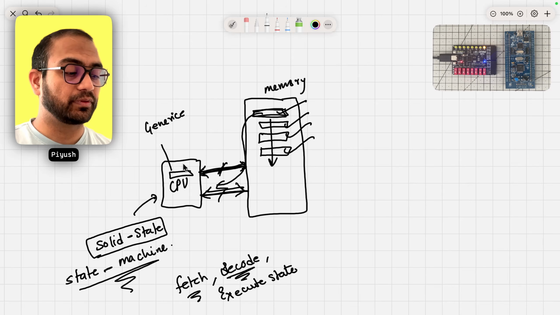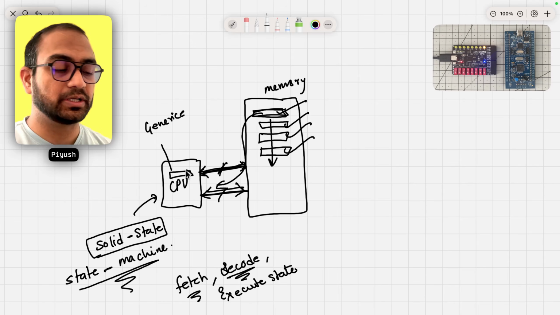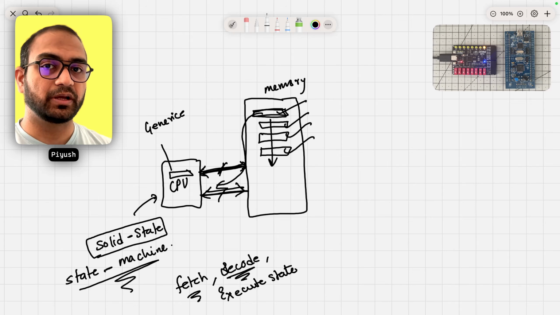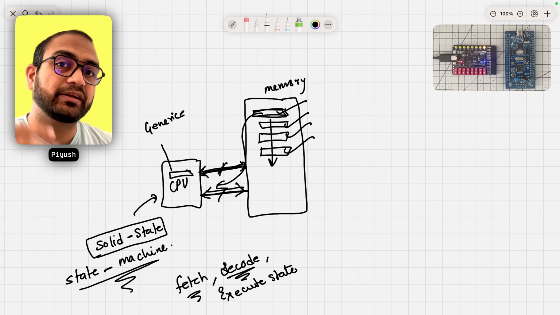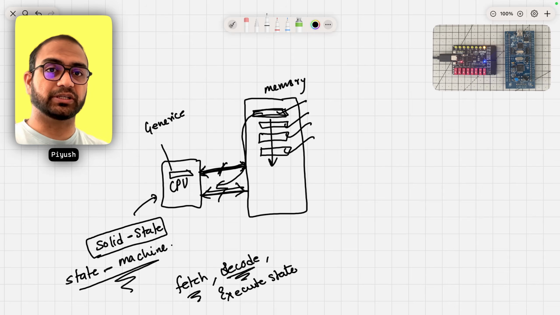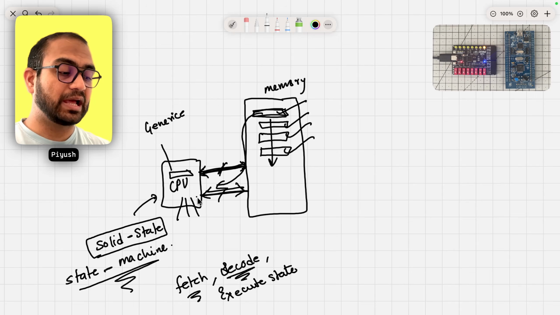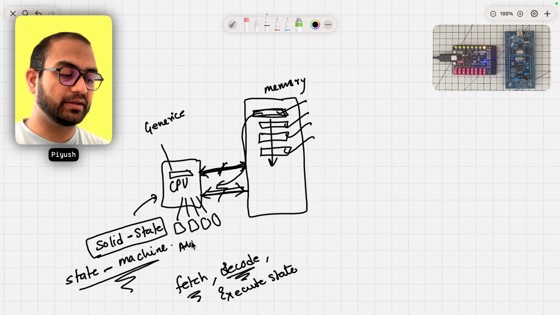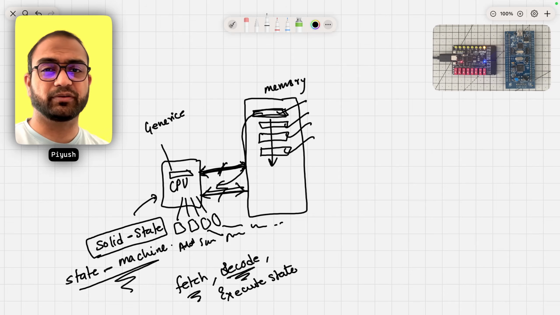So hopefully what you're catching on to is that a CPU is inherently programmed to read through the memory, fetch the instruction, decode the instruction, understand what that instruction is, and then it will have different hardware components within it. For example, an adder, a subtractor, a multiplier, a floating multiplier, and whatnot.